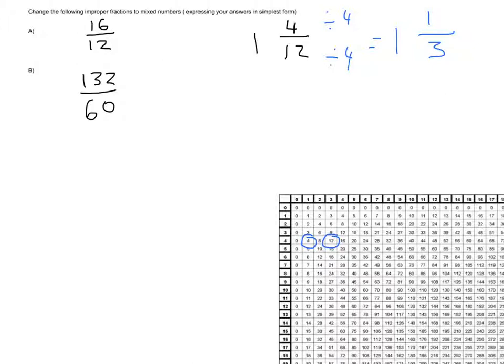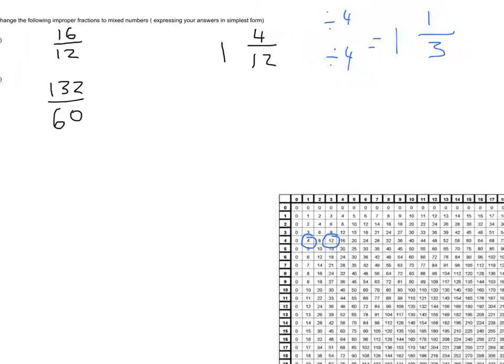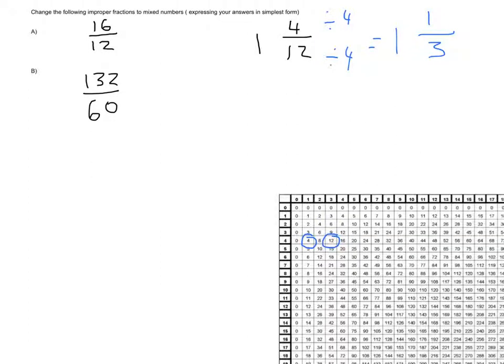Okay, so for the next question, 132 over 60, we don't even need to use the times table, at least for the beginning, because you know right away that the denominator is at least half than the numerator. So for example, you can see that 60 will go into 132 at least twice.